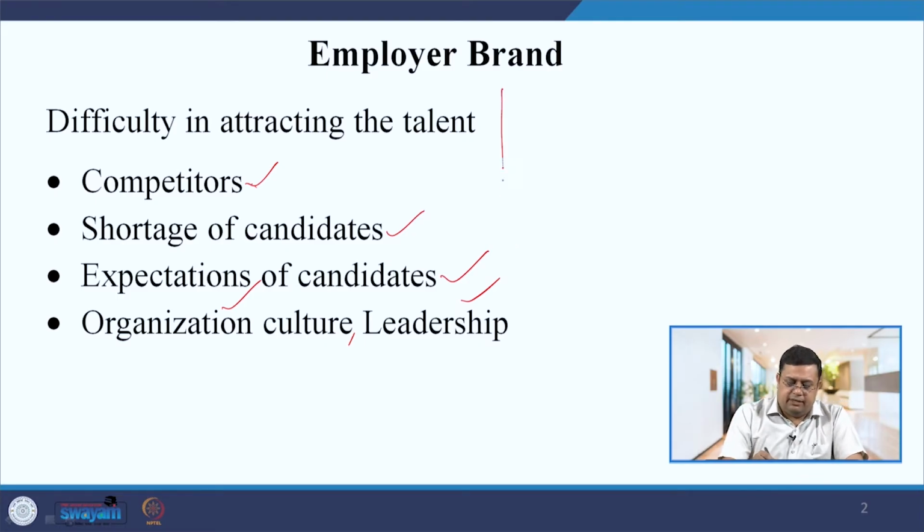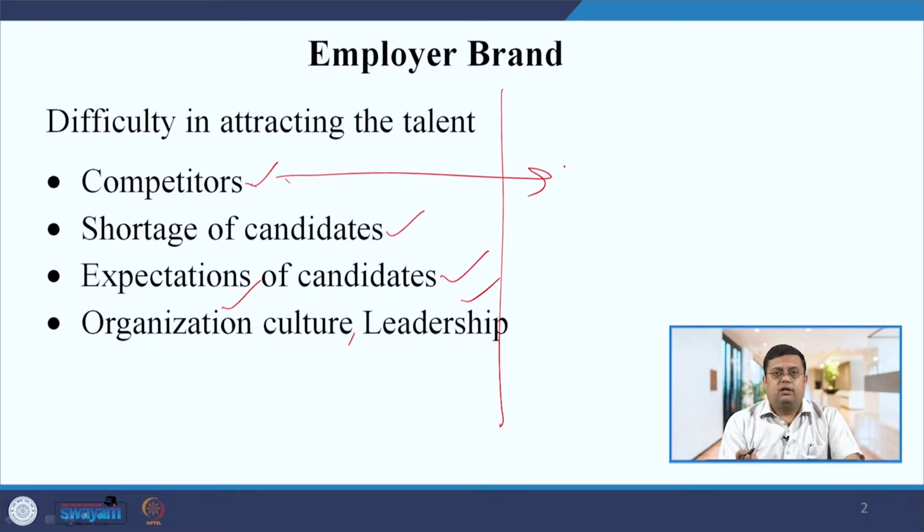In that survey, you can see what percentage of people believe we are not able to attract the talent for a given reason. It might be that the survey found 25% of people believe it is because of the competitor: our brand is not strong enough to compete with our competitors.